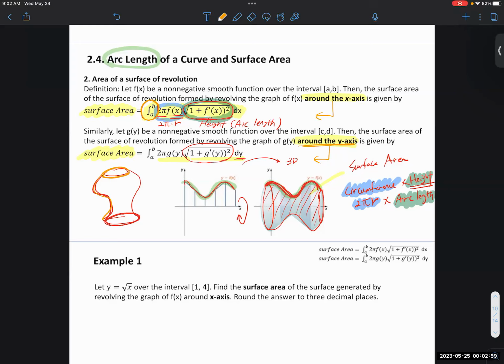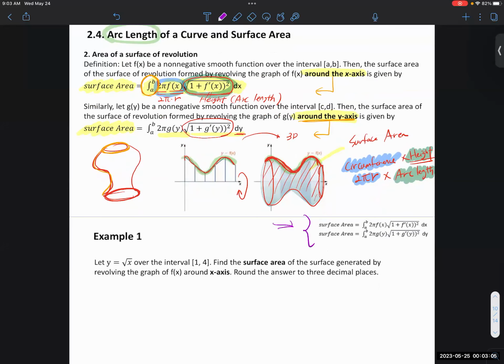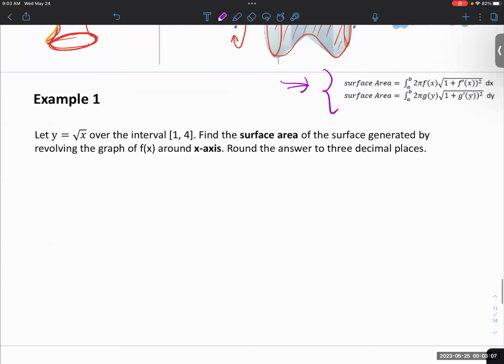So let's take a look at an example. I'm going to show you here. I have two formulas here. Let's find the surface area for this given function from 1 to 4. We're going to rotate it about the x-axis.